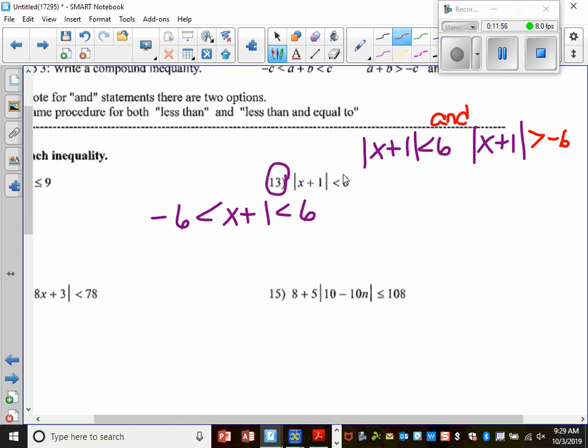You write it just like this, and then when you write the second one, you reverse the symbol and write the negative number. It's totally up to you which one you want to use. If you want to write it as a compound inequality, you use less than symbols and put the smaller number over here and the greater number here. You'll get the same answer either way. So let's work it out, and I'll work out both.